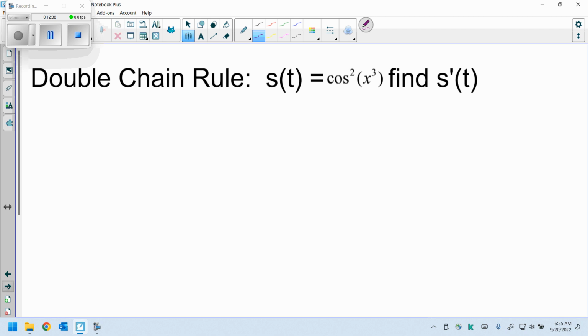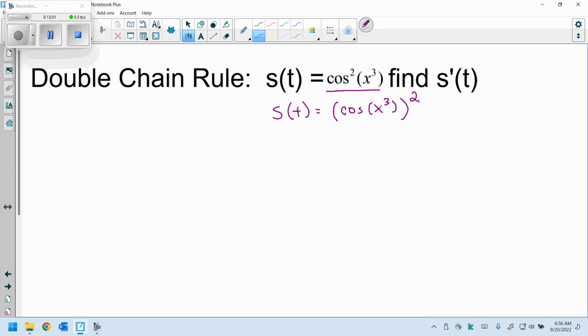And here we've got a trig function raised to an exponent. We said best idea in the world to make calculus easier is to take any trig function raised to an exponent, in this case the cosine of x cubed, and move that exponent outside the parentheses.